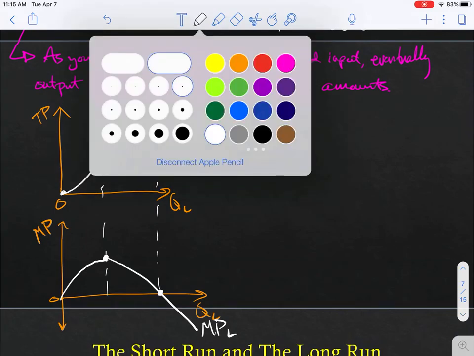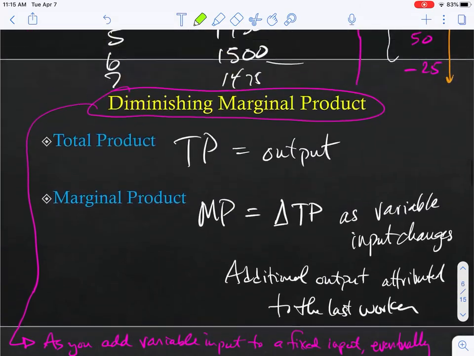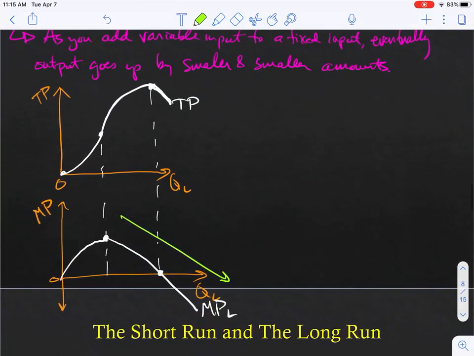Just understand that diminishing marginal returns kicks in. What color should we put that in? We'll put it in green. Kicks in here at this point. So it's easiest to see it on the marginal product graph, but this is where you have the diminishing marginal product kicking in, or what we sometimes call diminishing marginal returns.